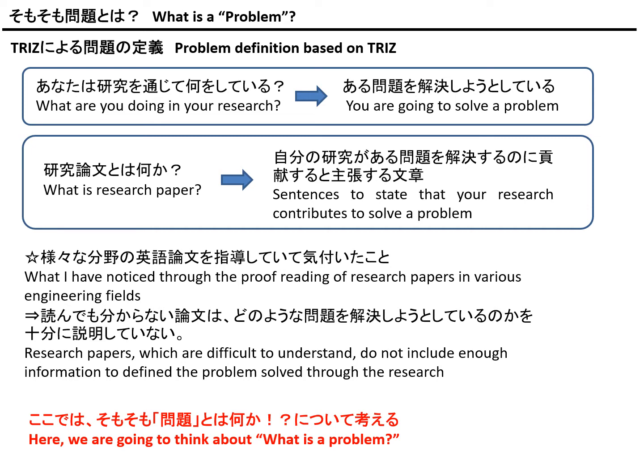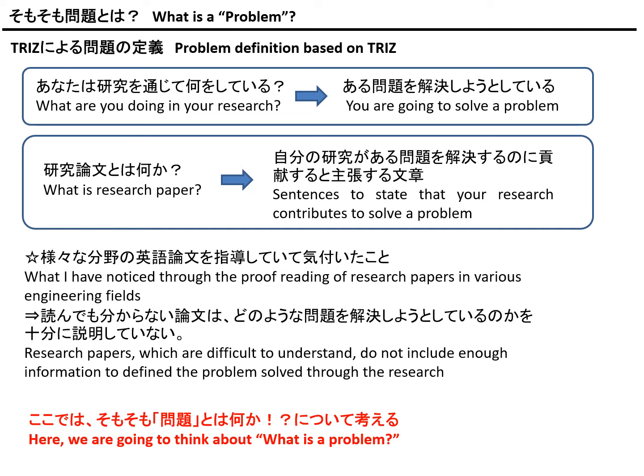At first, I thought these things could be the reason why I could not understand what they were trying to say in their research paper. But now I have a slightly different idea.